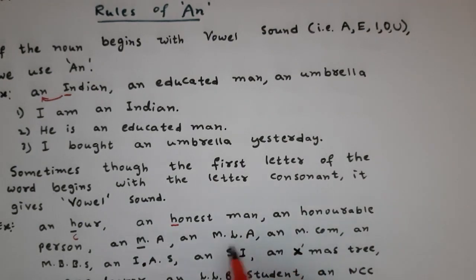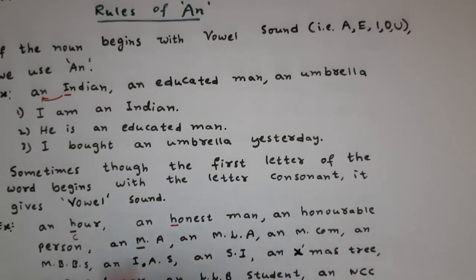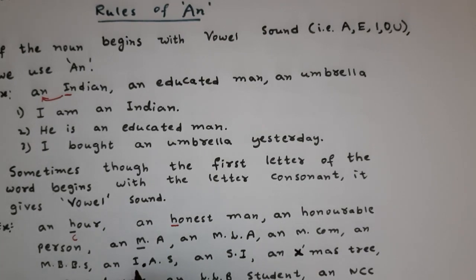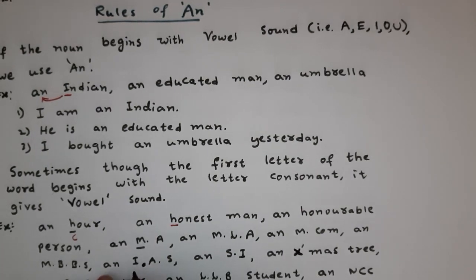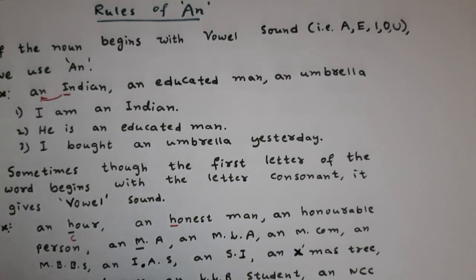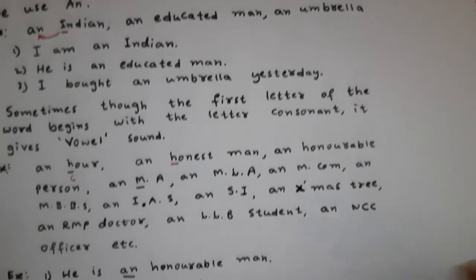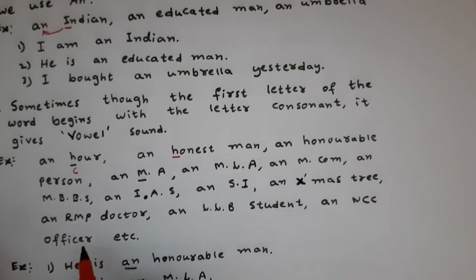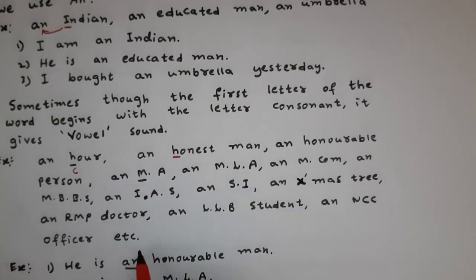Actually, here, all are consonant letters, but they are giving a vowel sound. And here, of course, it is a vowel sound and at the same time a vowel letter. And here, an SI, an Xmas tree, an RMP doctor, an LLB student, an NCC officer, etc.